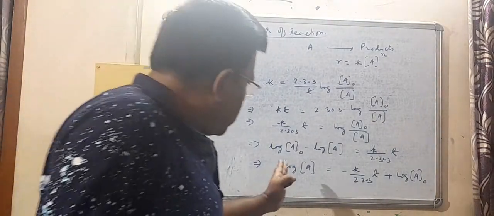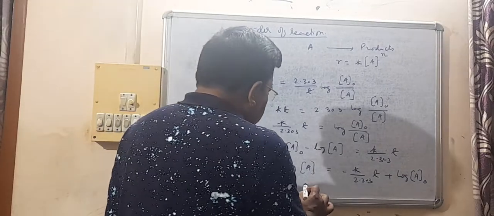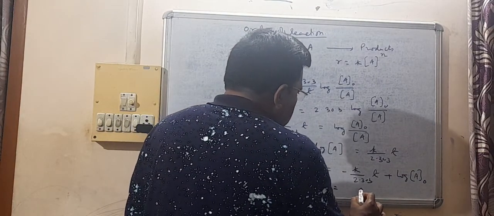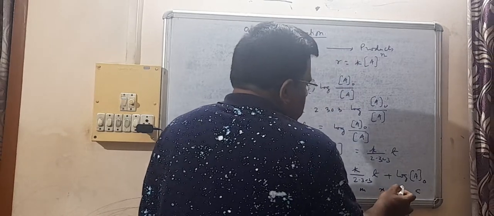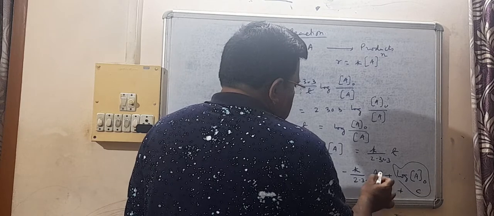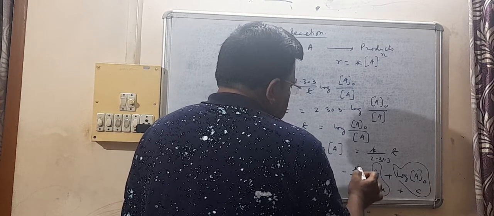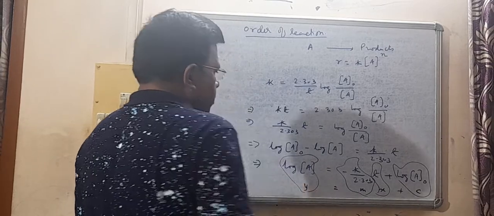Now you see this expression is of the form of y equal to mx plus c. So you see this term is matching with this one, x is matching with this one, m is matching with this one, and y is matching with this one.